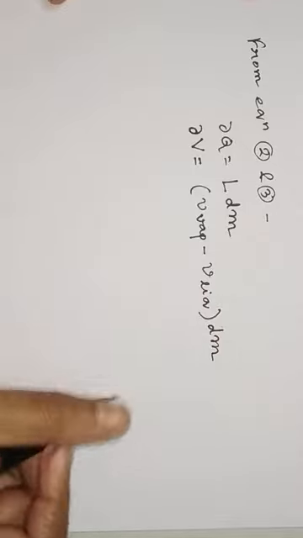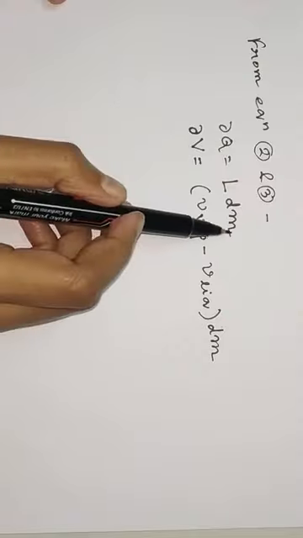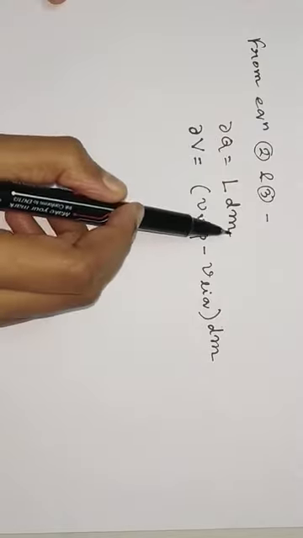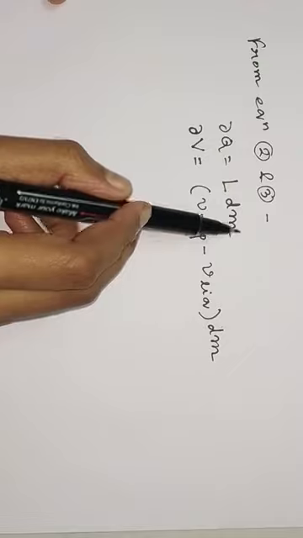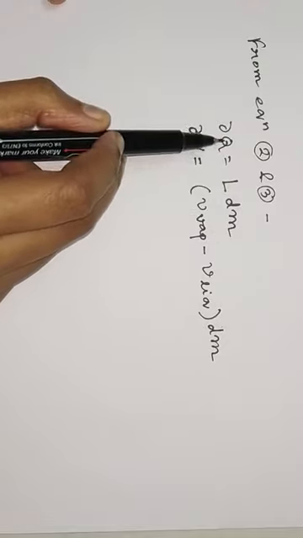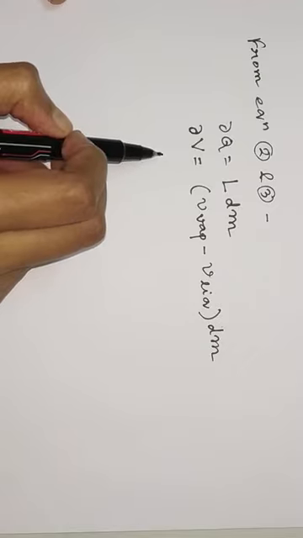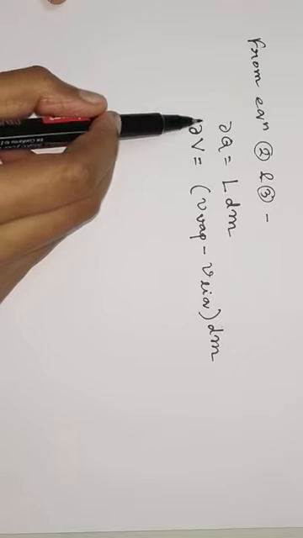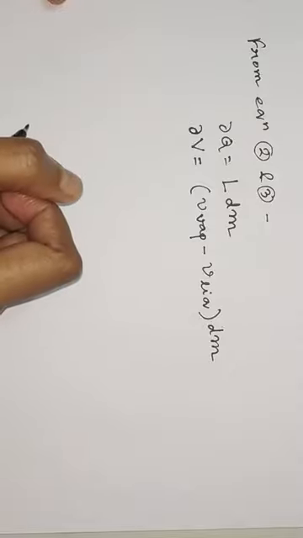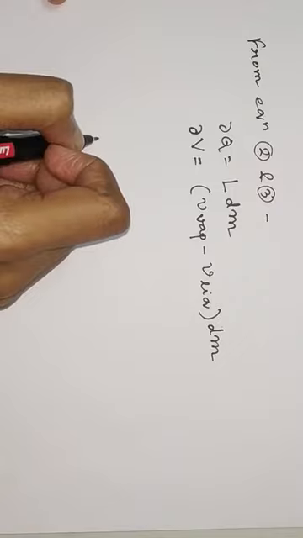Okay, so it gives us that dm amount of liquid absorbs an amount of heat delta Q and converts to dm amount of vapor, and in this phase transition the change in volume is delta V. During this process temperature remains constant.